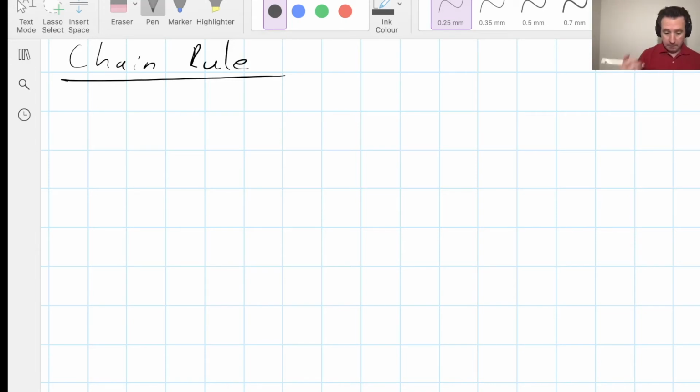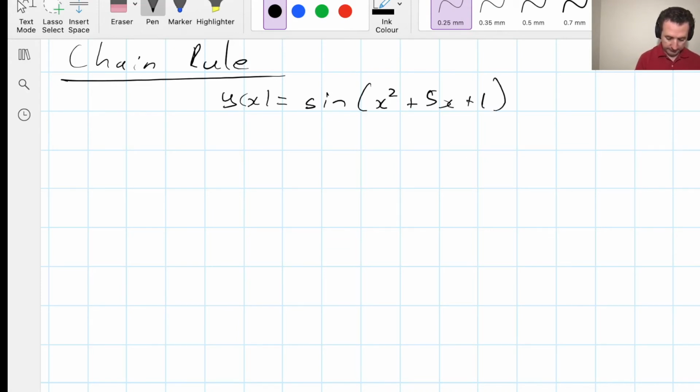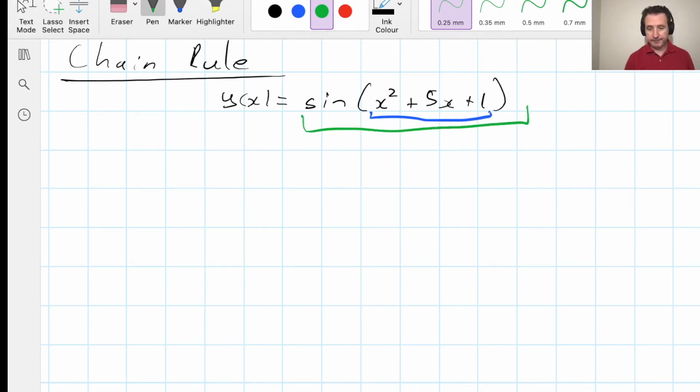So an example of this is y(x) is equal to sine of x squared plus 5x plus 1. Now, here what we have is something embedded in a larger function. And so the chain rule has to take care of that. It has to deal with what's inside as well as what's outside.